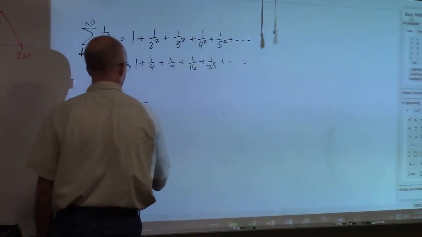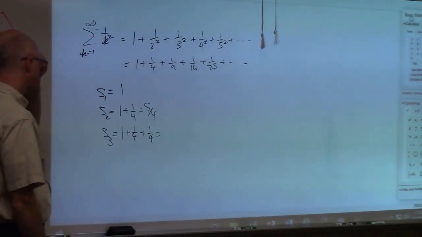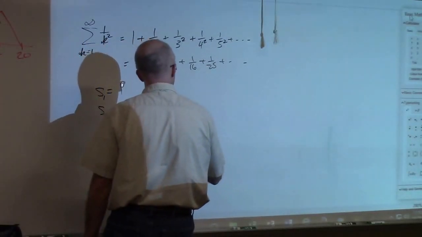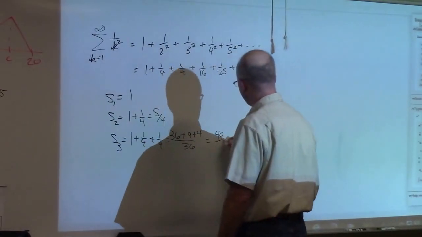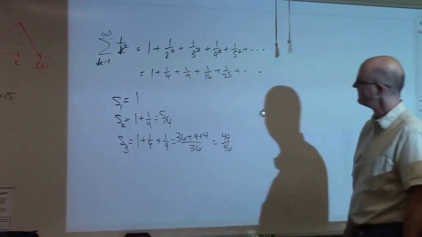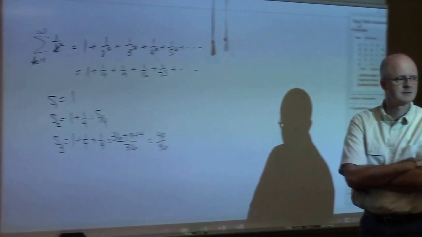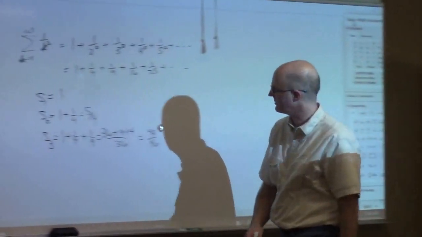S3 is 1 plus a fourth plus a ninth, getting a common denominator of 36. That is 36 plus 9 plus 4 over 36. It's 49 36ths. I've not made a mistake. It is interesting that both of those are perfect squares. This is 7 sixths quantity squared, though I don't think that happens in general.